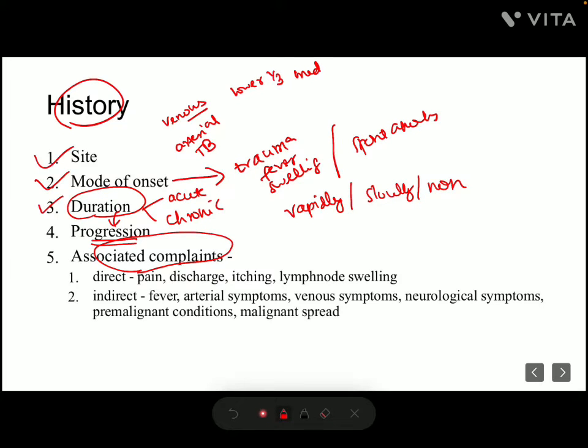Then we would like to ask the patient about the associated complaints that he or she has with the ulcer. Now, this is divided again into direct and indirect. By direct, I mean complaints that are directly associated with the ulcer, like pain over the ulcer, discharge from the ulcer, itching, or corresponding lymph node enlargement. He might also have indirect complaints that are not directly related to the ulcer, like fever, arterial symptoms, venous symptoms, neurological symptoms, pre-malignant condition, malignant spread.